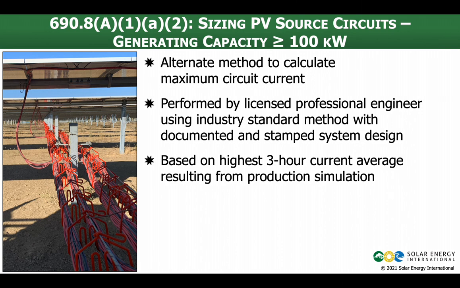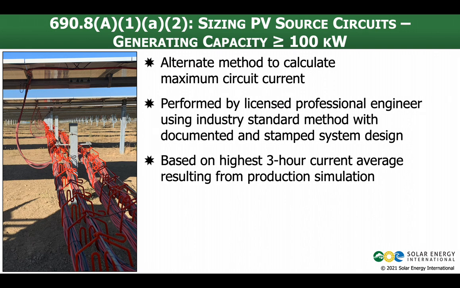And essentially what we're doing here is using a software modeling package to determine what the highest 3-hour average current is. The reason this is an advantage is because we can model this based on the actual attributes of the system. What's the tilt angle? What's the orientation? What's maybe the shading that we're encountering?